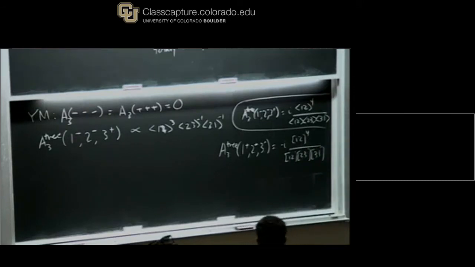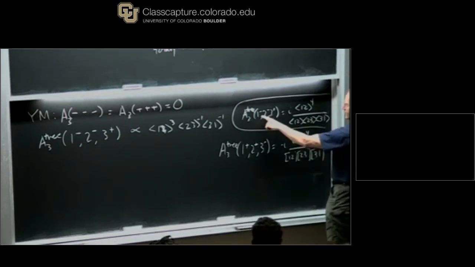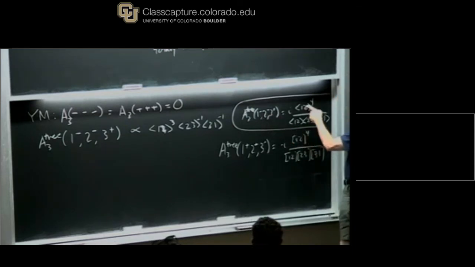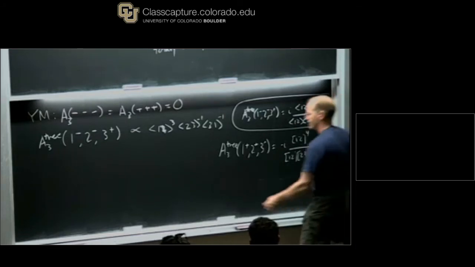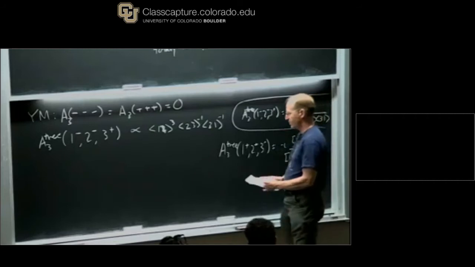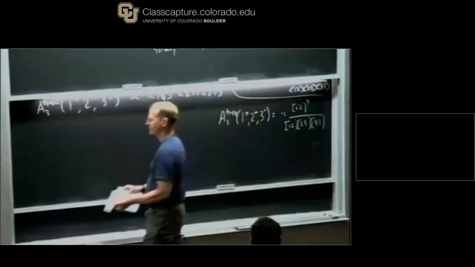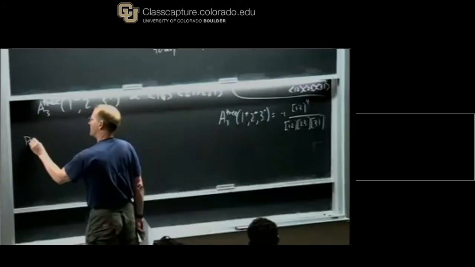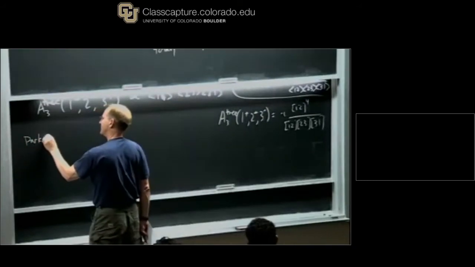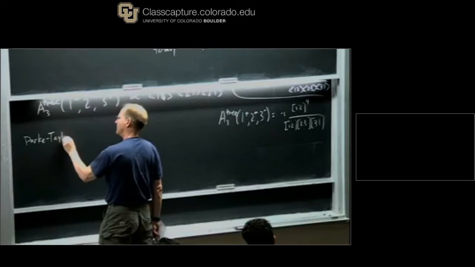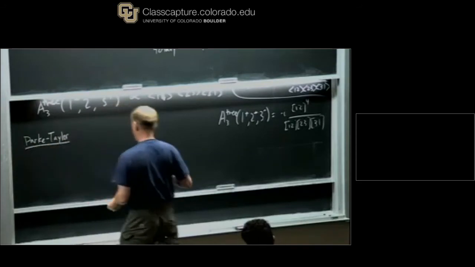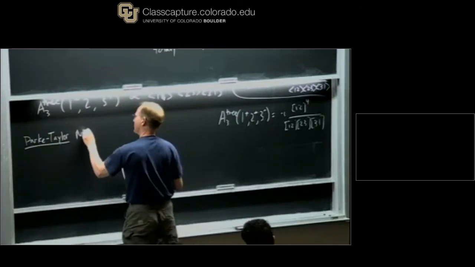I only gave you the formulas where 1 and 2 were negative, but if you change them to be 1 and 3, then this changes to <13>, and this stays the same, and so on. These are also known as the 3-point examples of the Parke-Taylor formula. So let me just write down the Parke-Taylor formula, for MHV.